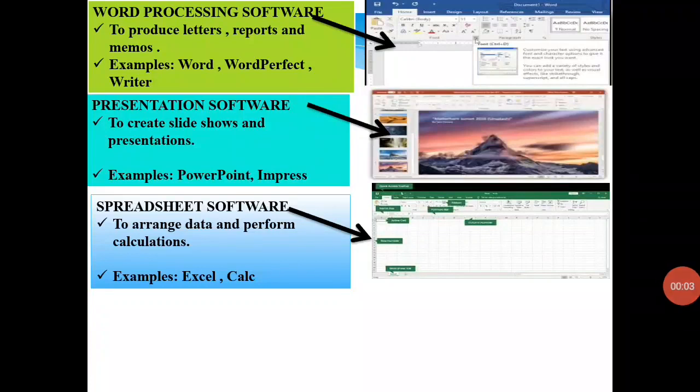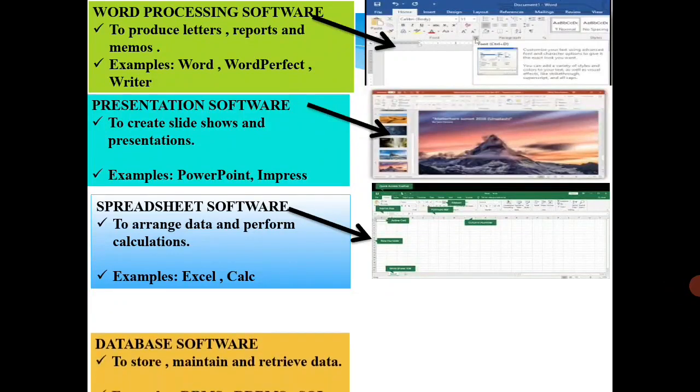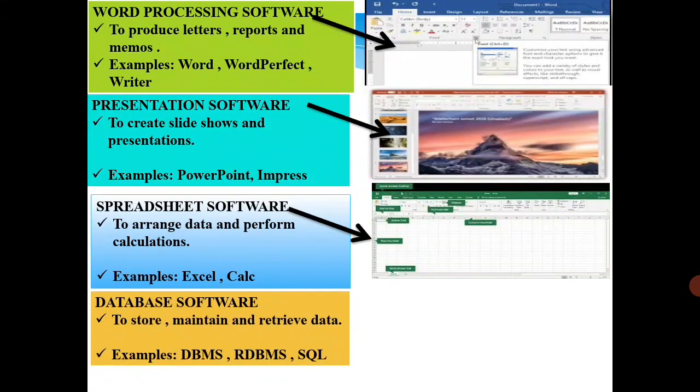The next one is database software, to store, maintain and retrieve the data. They have to store the information. Like in a school, they have to store your name, your father's name, your mother's name and your details, address and all, in this database software.